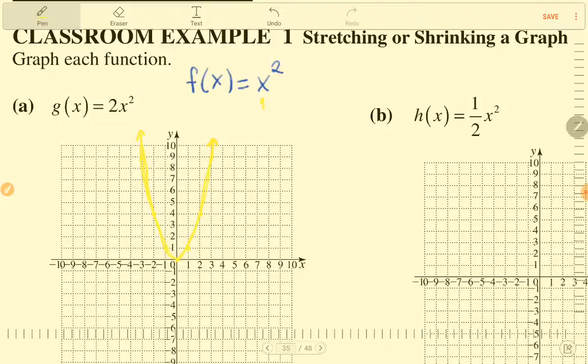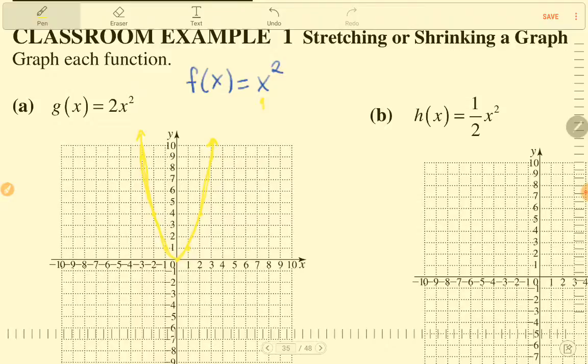Now, g of x is a transformation of f of x. If we multiply everything, all of the y values are going to get multiplied by a factor of 2. That's going to stretch this yellow parabola to be thinner.